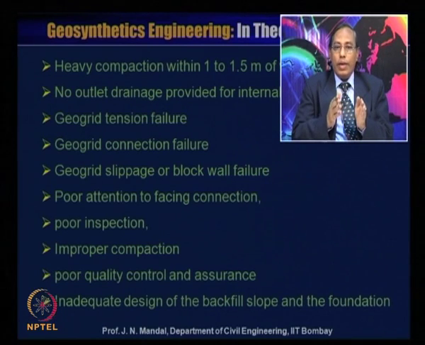Then poor attention to facing connection. When you connect the geogrid material with the facing element, you have to see what kind of connection you are providing, whether you are placing it properly or not. And poor inspection.